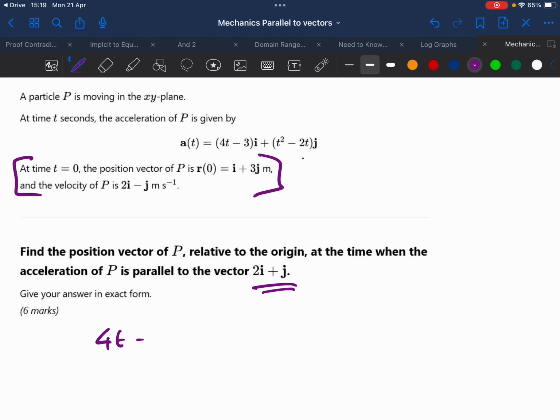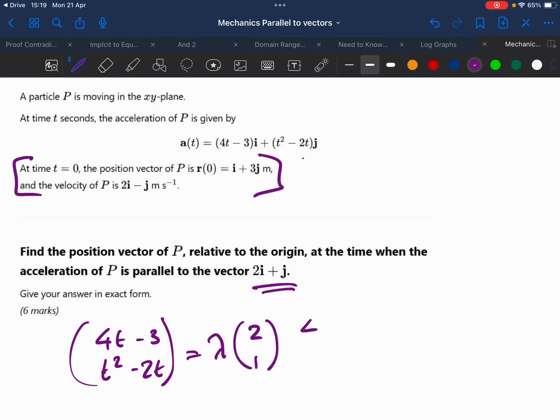So we've got 4t minus 3, t squared minus 2t. And we're going to say that this is parallel to 2, 1. So that would give us 4t minus 3 equals 2 lambda, and t squared minus 2t equals lambda.